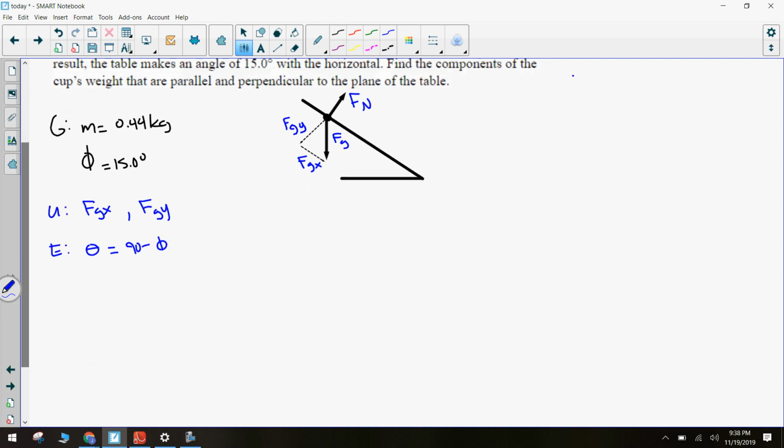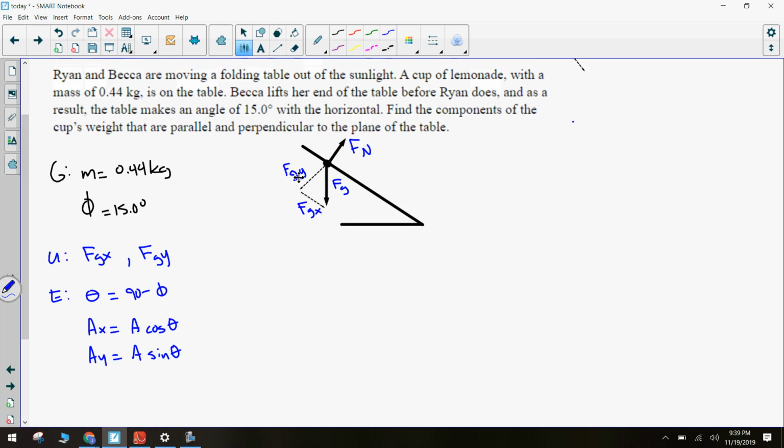Not too bad. And then, of course, anytime we're breaking a vector into its components, the x component is going to be the length of the vector cosine theta. And for the y component, it's the length of the vector sine theta.